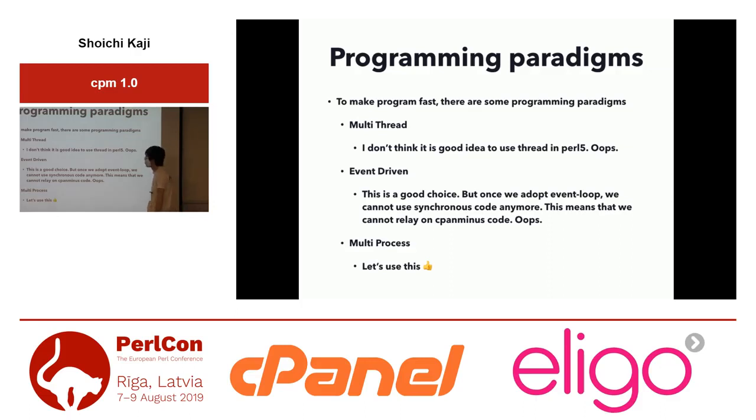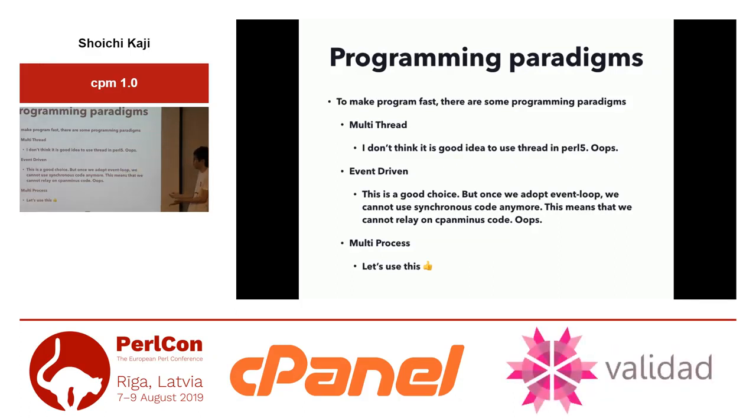If you want to make a program fast, I think there are some programming paradigms. The first choice is multi-thread. The second choice is event-driven. And the third choice is multi-process. So which paradigm do we adopt?